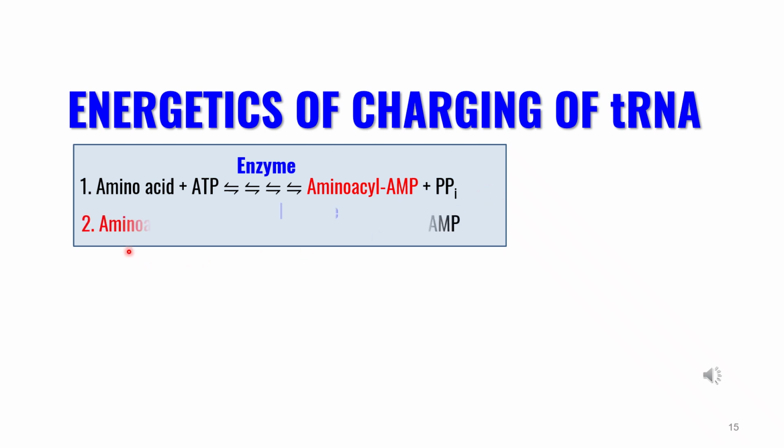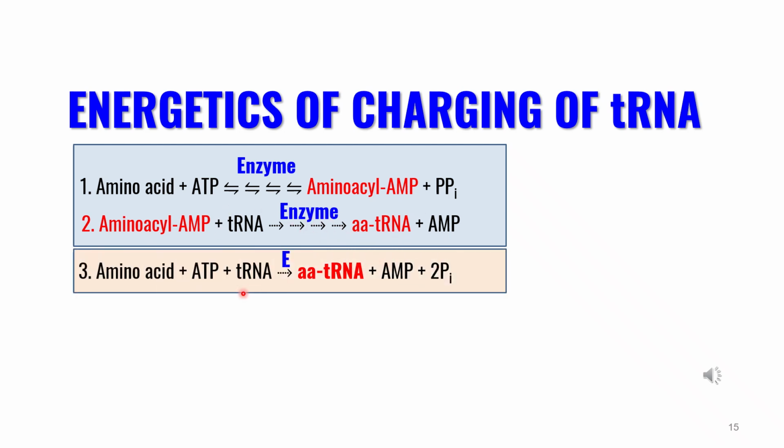In step 2, the aminoacyl group is transferred from AMP to tRNA by the enzyme, forming aa-tRNA plus AMP. Thus, the overall reaction is amino acid plus ATP plus tRNA, producing aa-tRNA plus AMP plus 2 inorganic phosphate. Thus, there is consumption of the equivalent of 2 ATP molecules per amino acid.